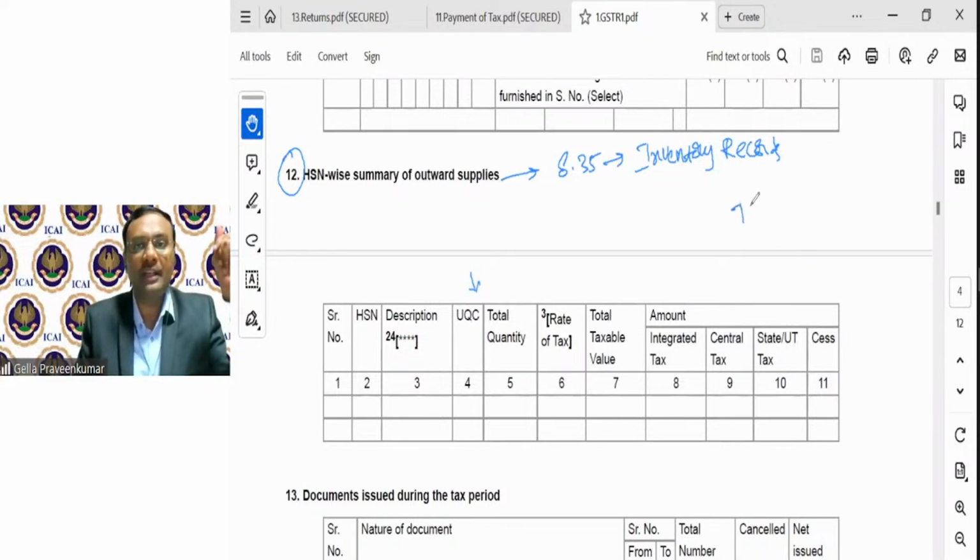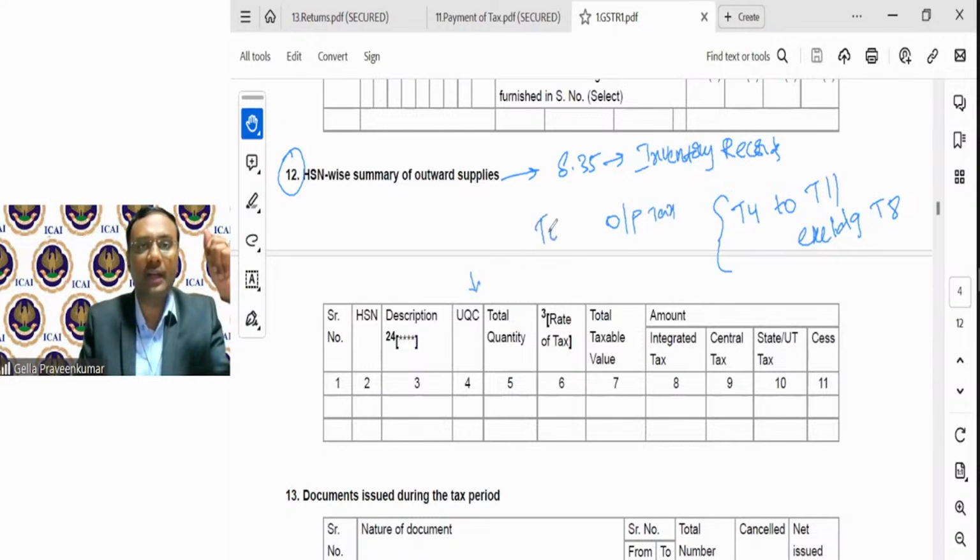All the information from table 4 till table number 11, excluding table number 8, whatever turnover along with output tax you have calculated, that summary should come here.